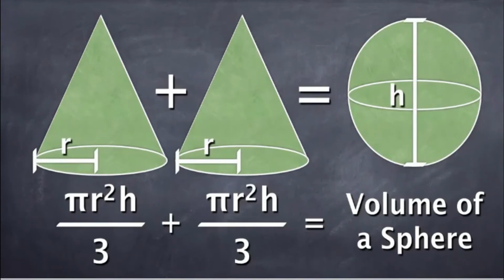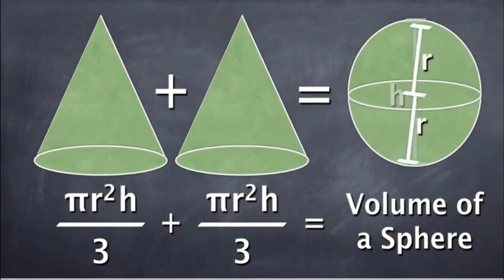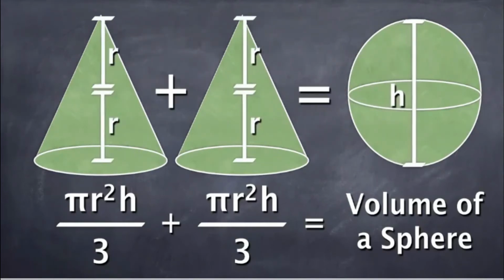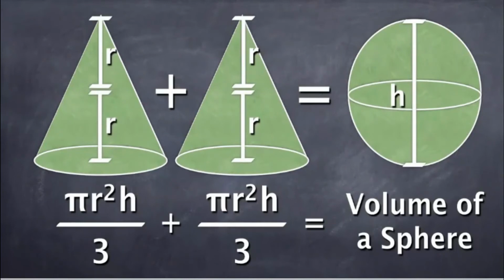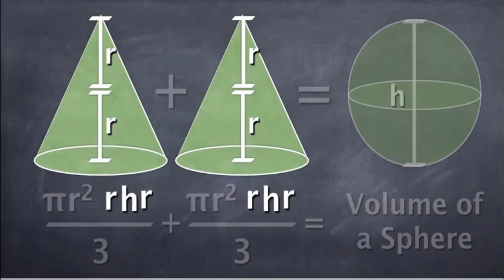Since the radius is the same as the sphere's, they fit here, and we can also fit it vertically like this, but you can see it's actually the height which is the same for the cones. So the height h of the cone in the formula can be replaced with r plus r, which together is twice r.